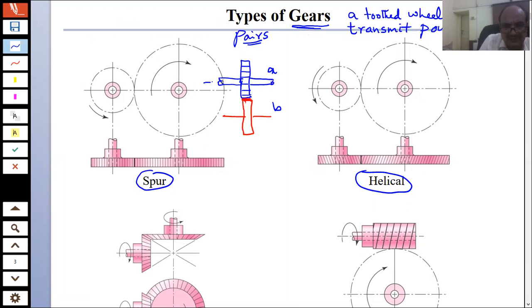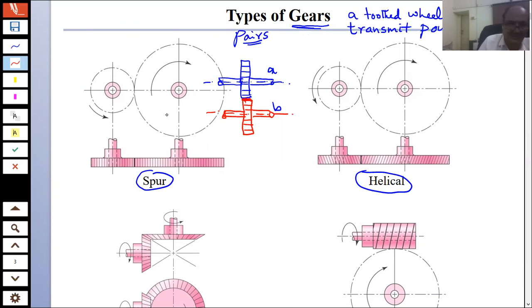So basically, this is the axis of rotation of the shaft, and this is shaft B, where this is the axis of rotation of the shaft. So again, the teeth are parallel to the axis of rotation of the shaft.